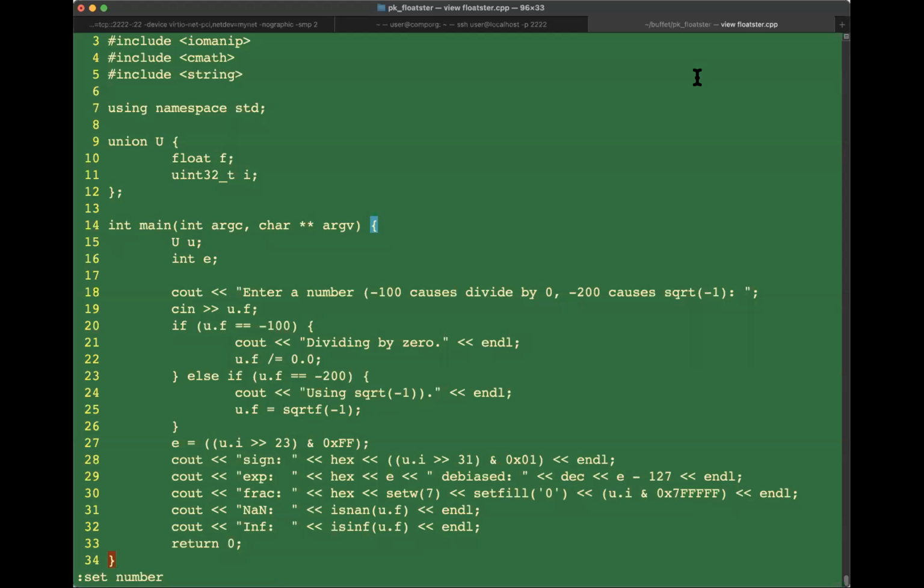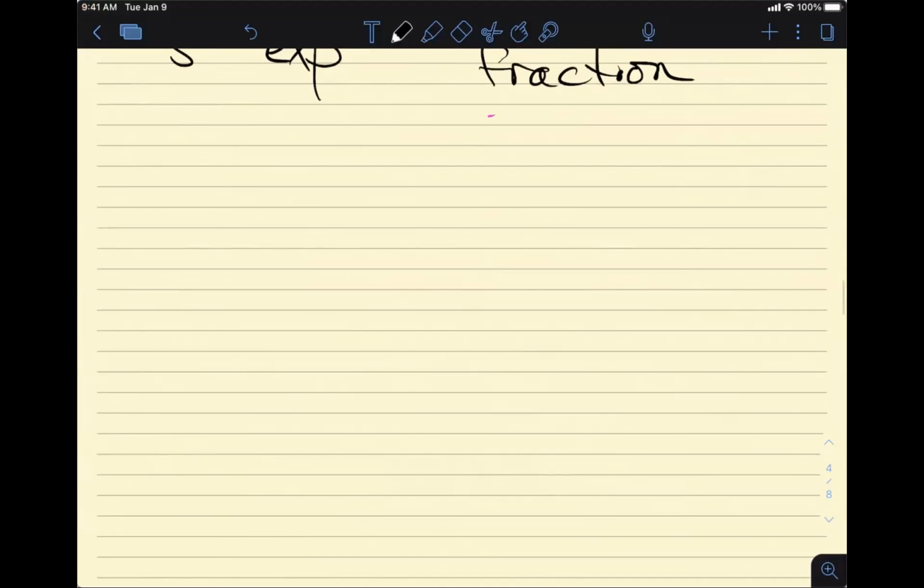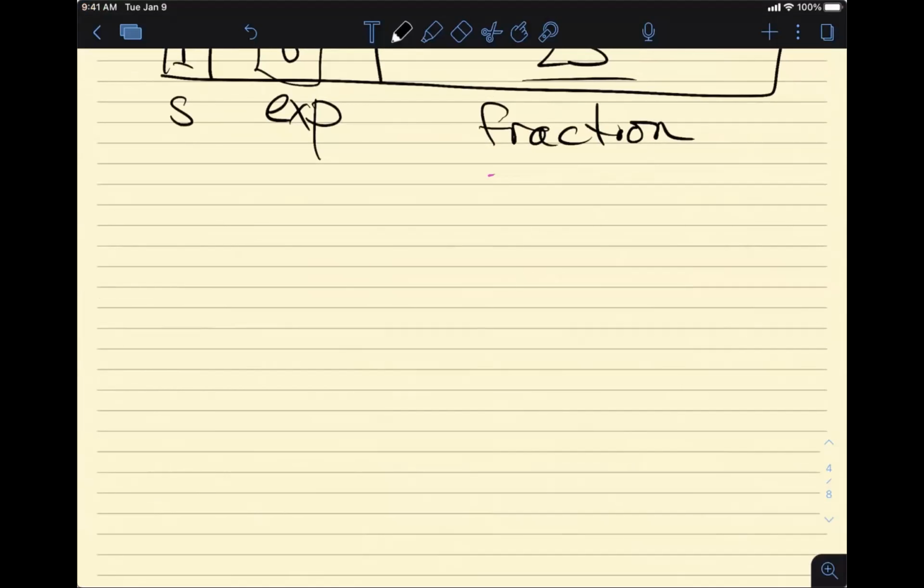So let's take, for instance, let me switch back here. So let's say we had a negative number, so there's a 1 under the S. And we have an exponent of 1, 1, 1, 0, 0, 0, 0.